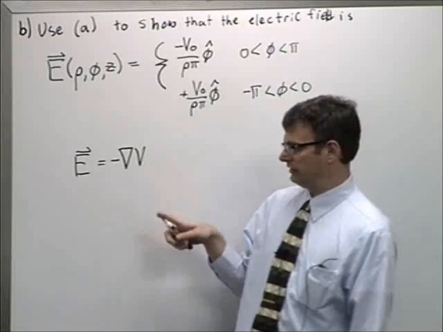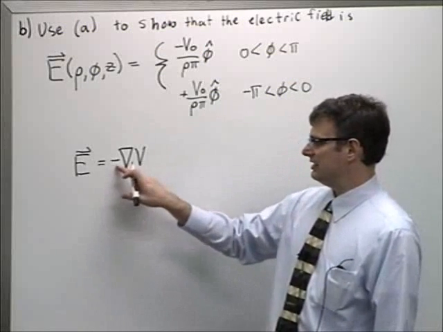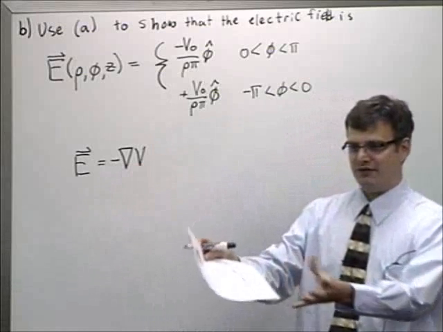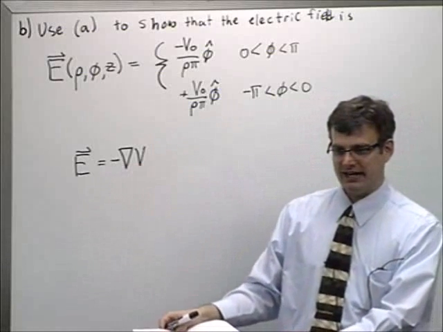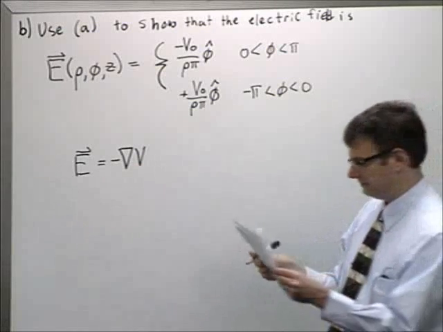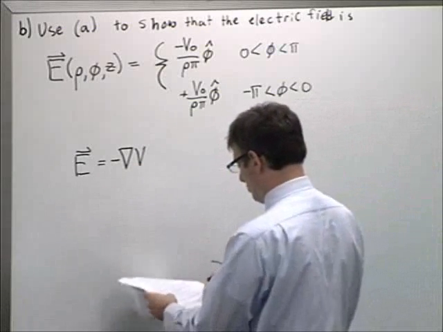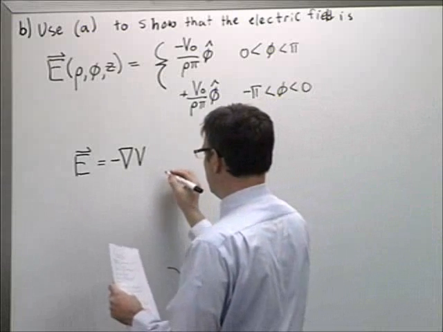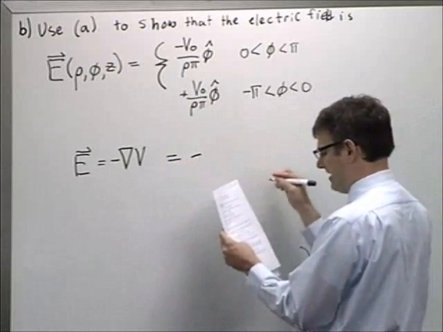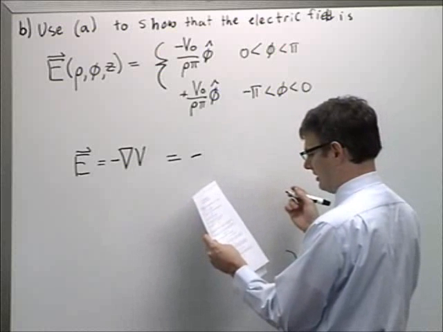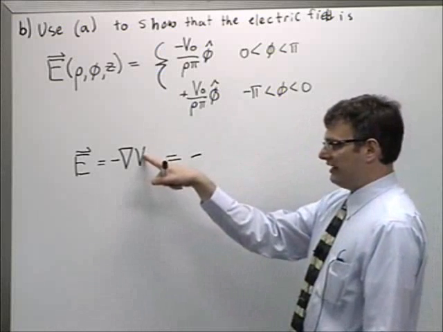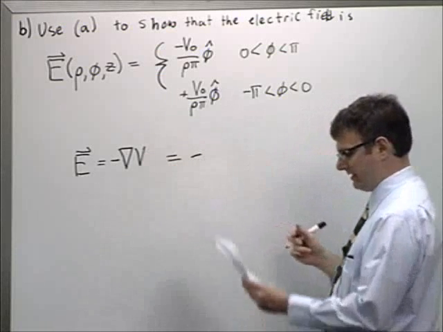So we know what the voltage is already. We just need to figure out what that proper operator is. Looking in the back of your EMAG text, if this was a homework problem, or in the back of the test, if it was a test problem, what you would find is that the gradient in cylindrical coordinates, if this is only a function of phi, I only have to worry about the phi component.